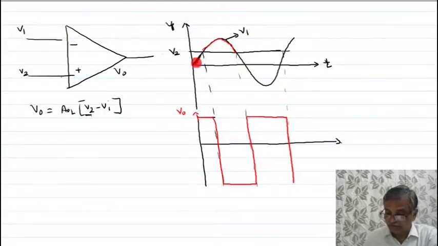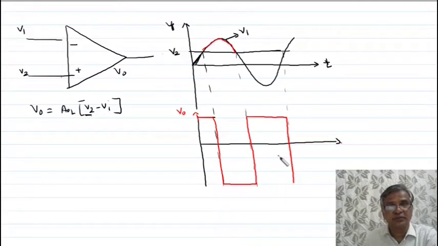Now during this time your V1 is less than V2, so output is positive. Now during this time your V1 is more than V2, so output is negative, that I am showing you. So this is the output of a comparator.